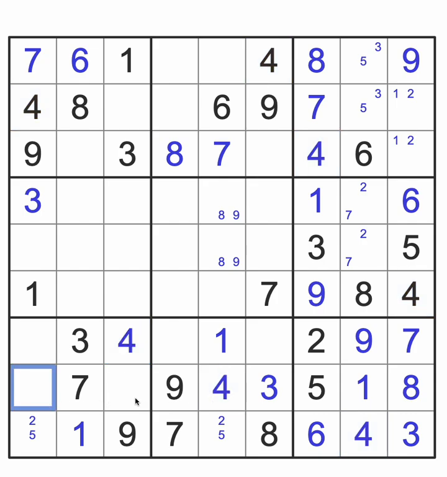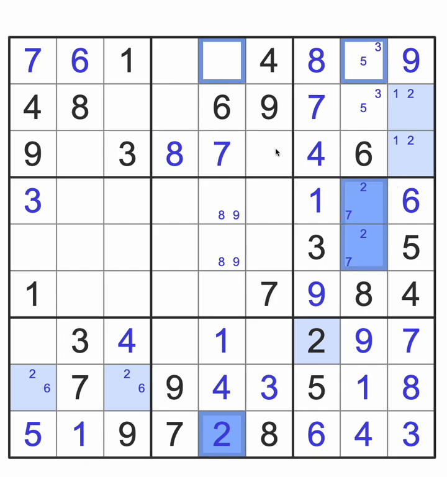This row is missing 2 and 6, meaning this cell cannot use 2, gives me 5 and 2. And looking at row 1, this 2 blocks this cell, and 2, 7 here blocks this cell.